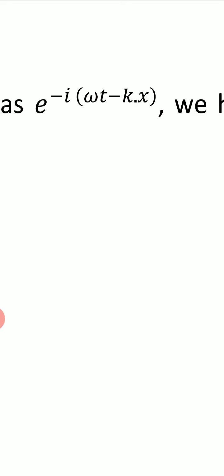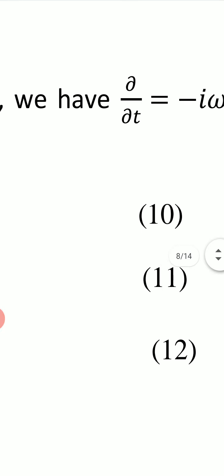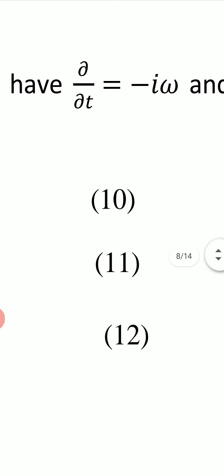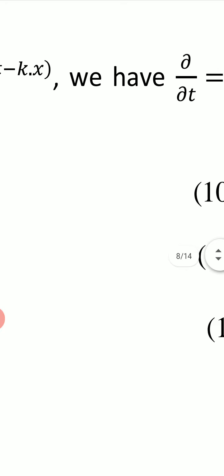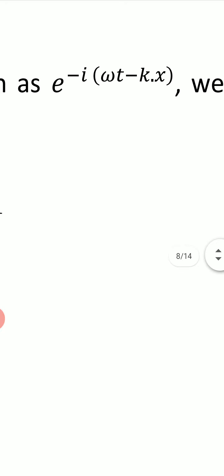If we differentiate it with time t, we get minus i omega. So differentiation with respect to t gives minus i omega, that is delta upon delta t is minus i omega. And if we differentiate it with respect to x, it will give ik.